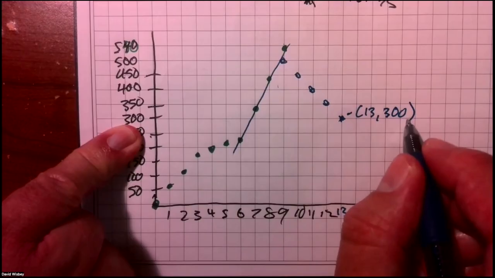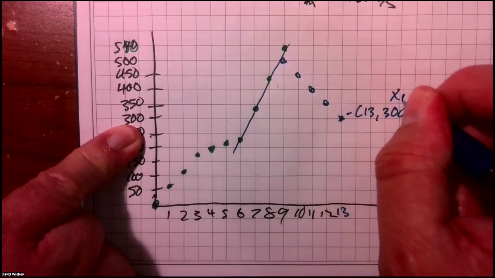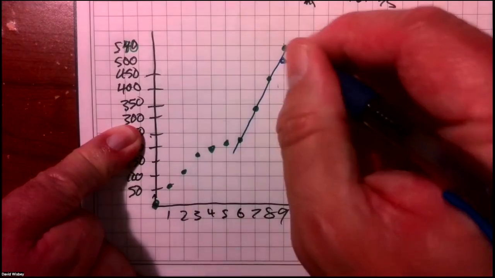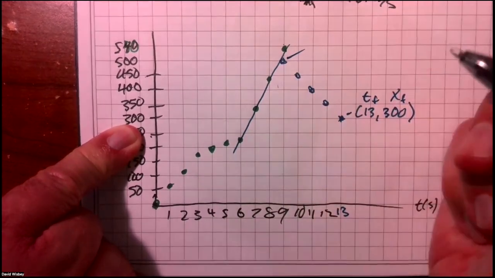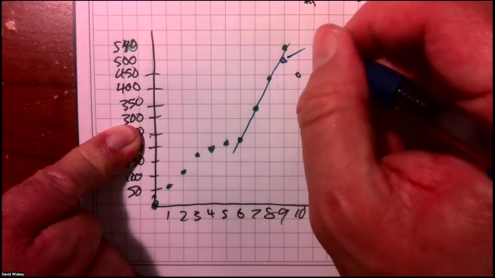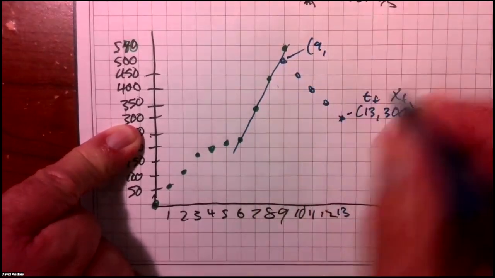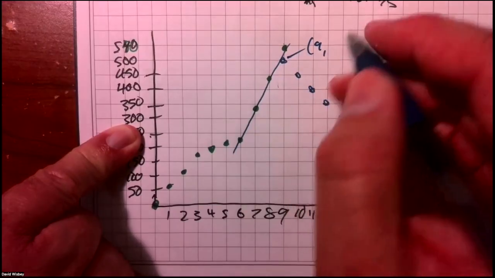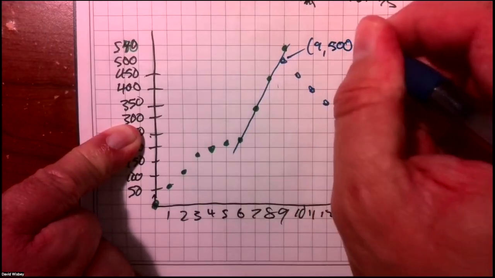This is my final, so this is X final and T final. My initial is up here. My initial time was 9, and my initial position was 500.